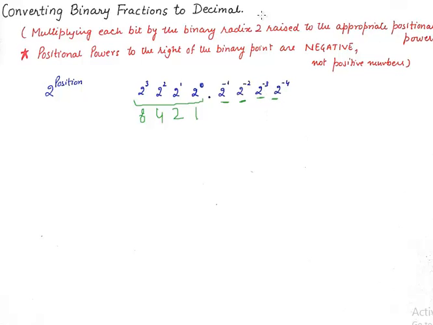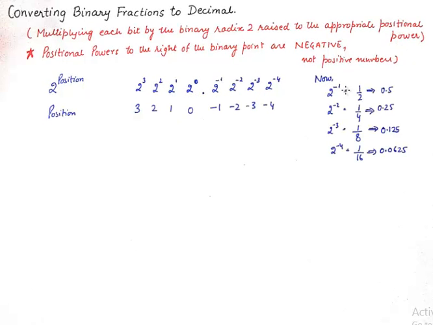So what does this power actually mean? We know that 2 raised to power minus 1 is 1 upon 2 raised to power 1, so this is going to be 0.5. So the multiplier here becomes 0.5. If there is a 1 here, we are going to multiply it with 0.5, and similarly the second position will have a multiplier of 0.25, because 2 raised to power minus 2 is 1 upon 4, and that is how you can calculate these positional values.